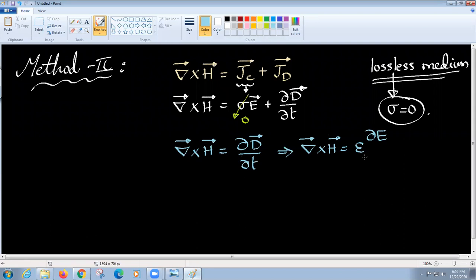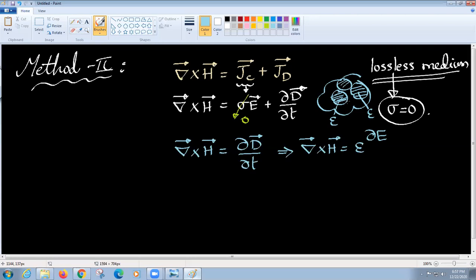Because in a homogeneous medium, permittivity and permeability are simply constants; they are space independent, or you can say position independent, and also time independent. Wherever you take a sub-region within this region, here you have some epsilon, and here also you have the same epsilon or mu.